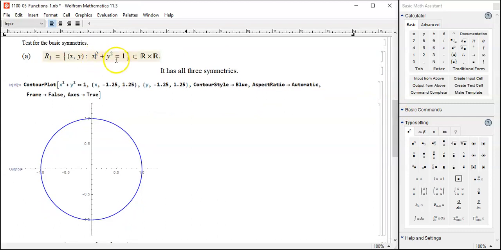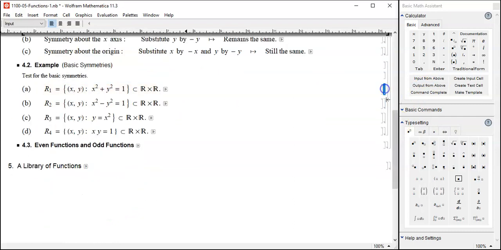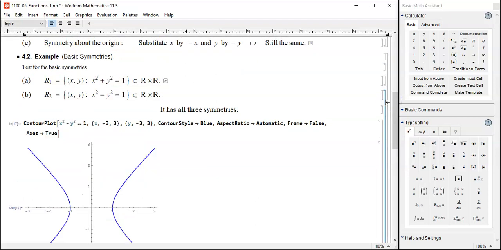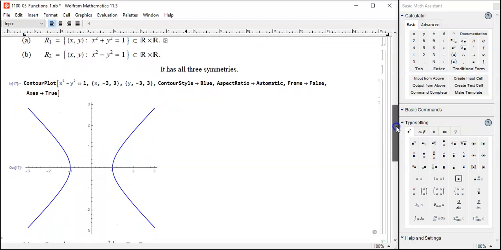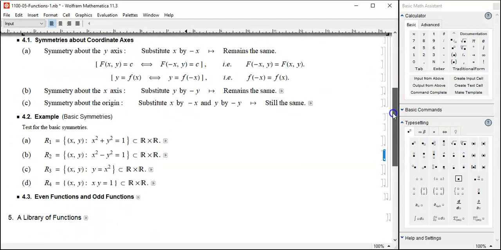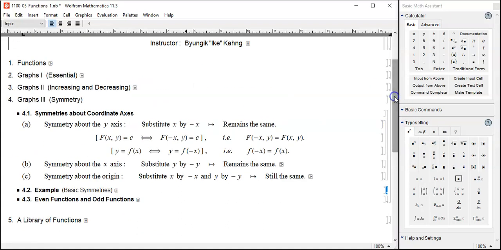The same example, we went through this before in lesson 3b, so you must remember: replace x by negative x, or replace y by negative y, or even both of them. They all remain the same because we have even power there. Same goes for this. We have all 3 symmetries there. Okay, remember this term, even function.